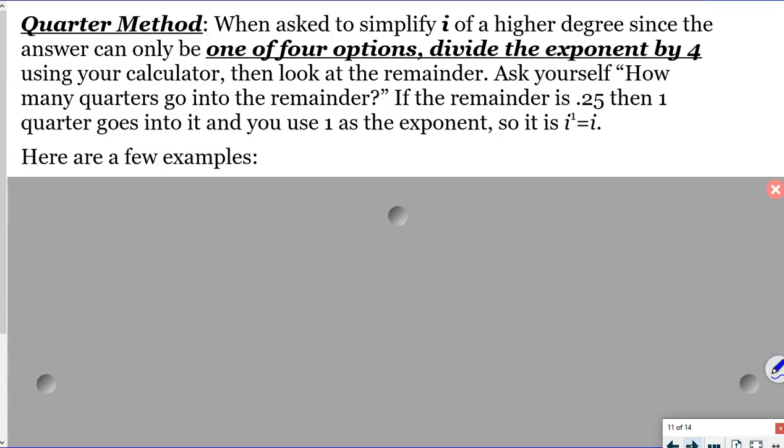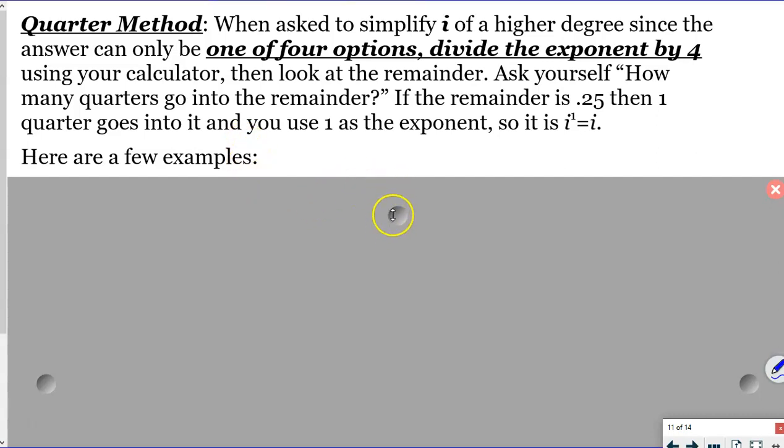Y'all got me? That's when we use this quarter method. So one of 4 options is always going to be true, and we're going to divide the exponent by 4, and we're going to look at the remainder. So you're going to ask yourself, how many quarters go into the remainder? If the remainder is 25 cents, then 1 quarter goes into it, so you're going to use the 1 as the exponent, so it's going to be i to the 1st.